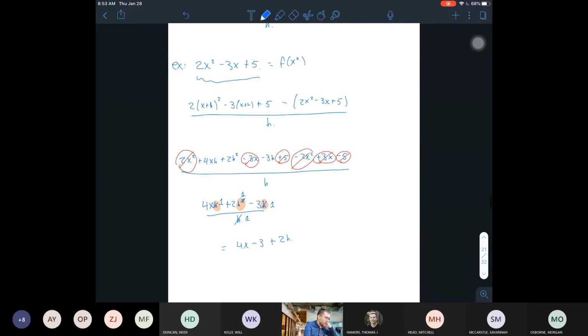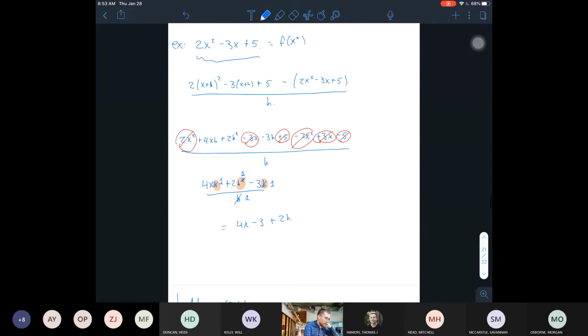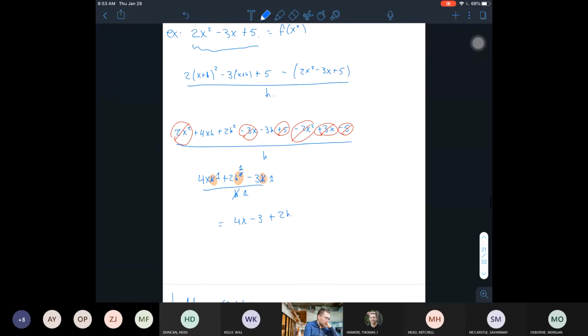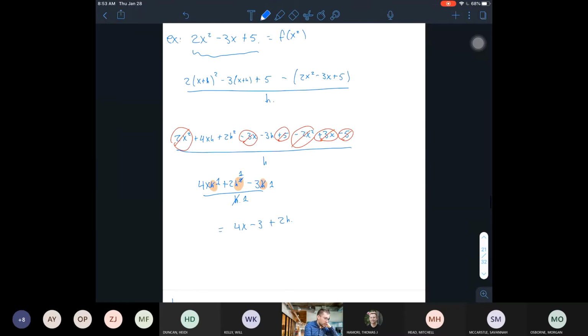So this is kind of the amazing thing about difference quotients: a lot of the time when we plug in this x plus h and then we subtract f of x, we get a bunch of stuff which has h as a factor. So when we divide out this h, we can just cancel everything, and we're going to get something kind of nice and tidy.